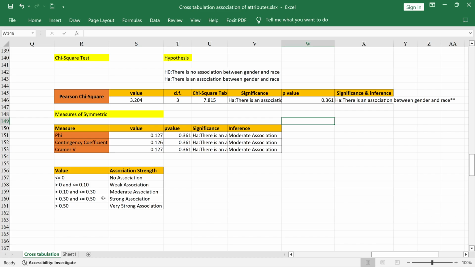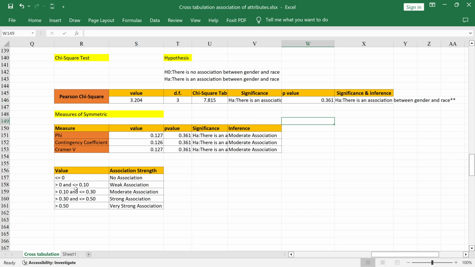Every value has its strength, right? For example, if the phi value or contingency coefficient value is equal to or less than 0, then there is no association.